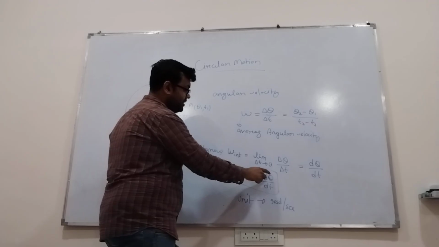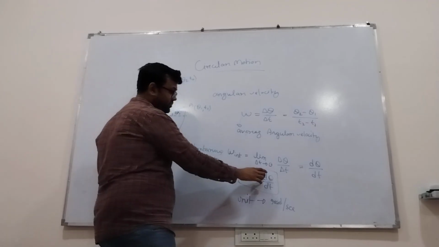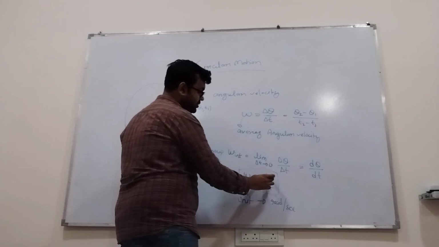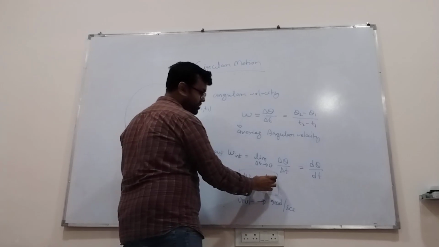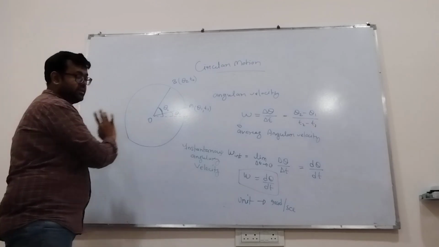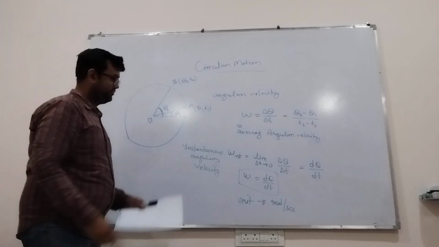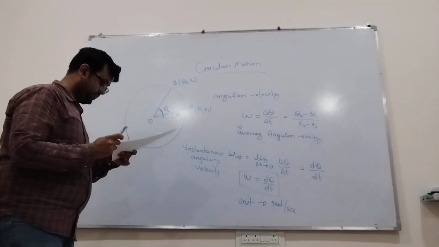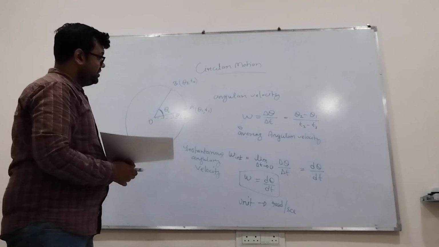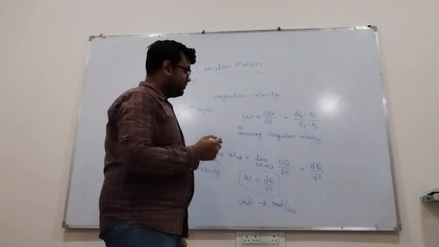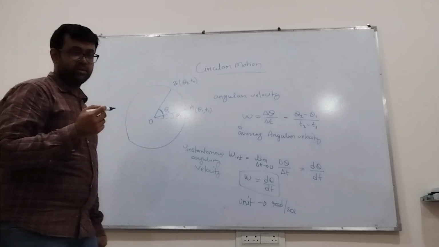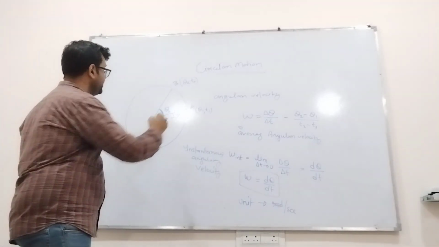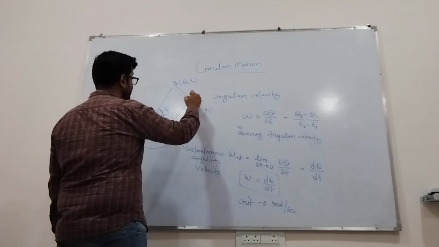So the direction of the theta will be nothing but the direction of the angular velocity. So theta, what was the formula of theta? That is L upon the radius r. That was L.